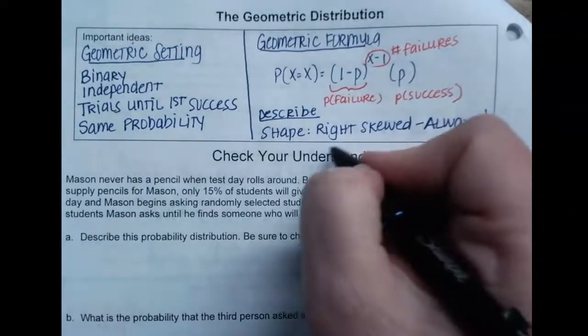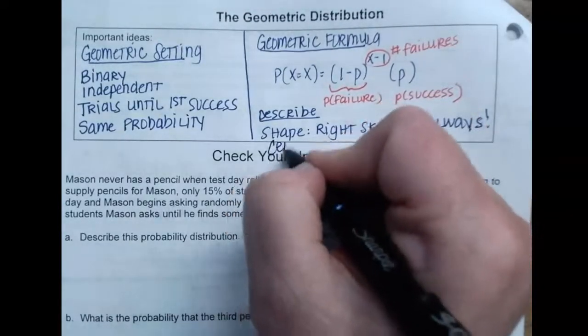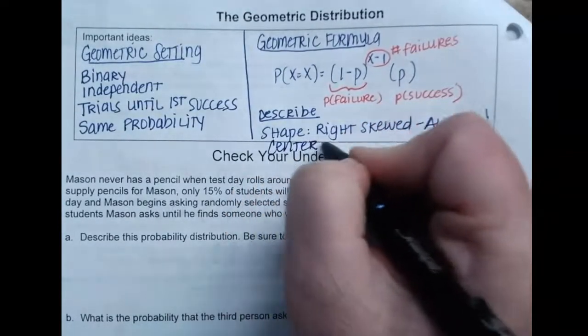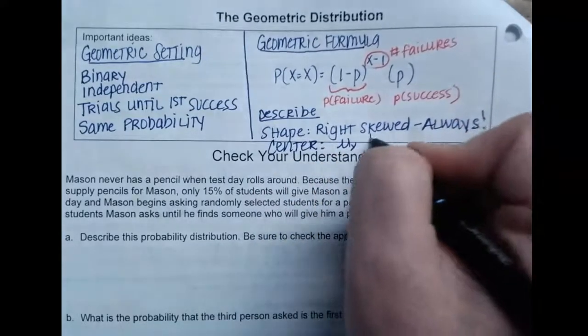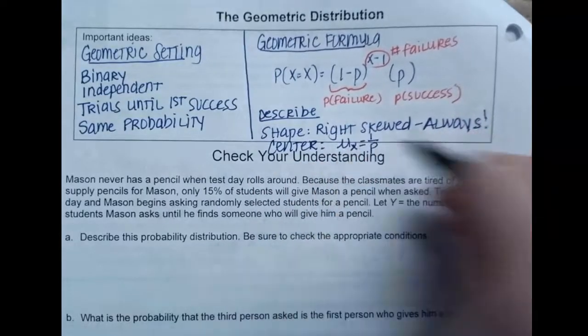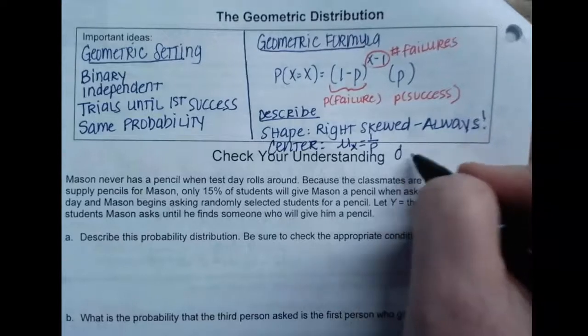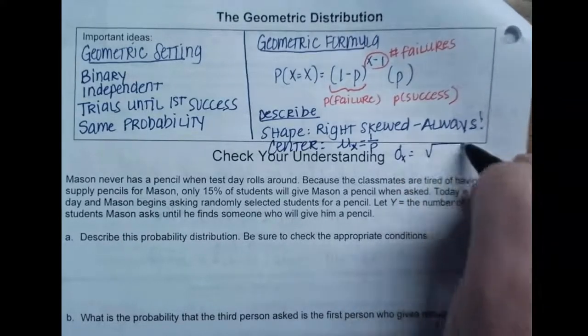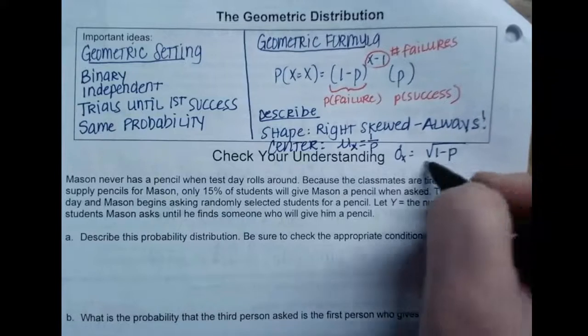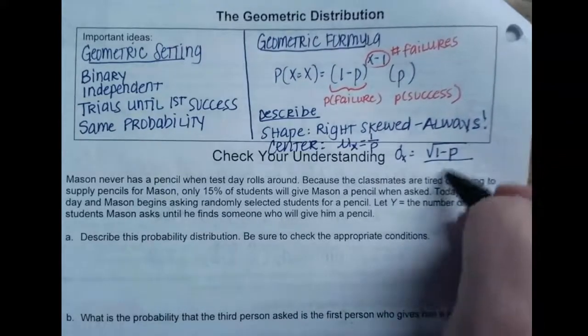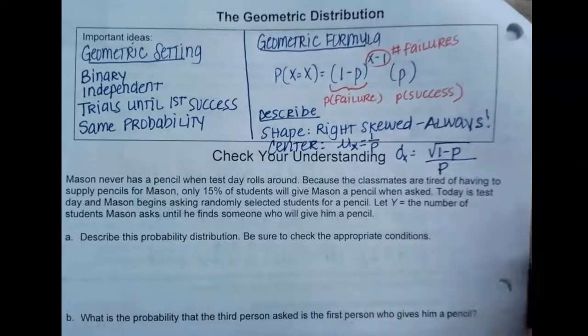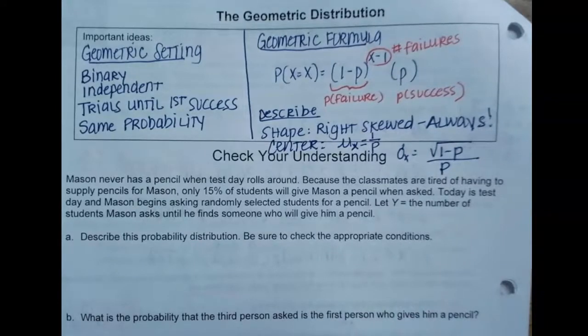Your center is your mean, and to find the mean, it's 1 divided by p. And your standard deviation is going to be the square root of failure divided by the probability of success.